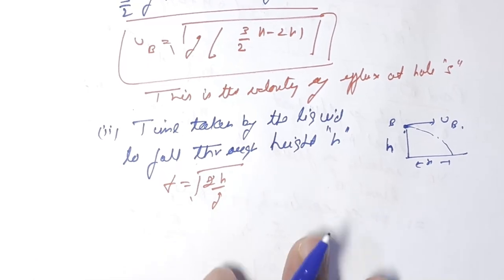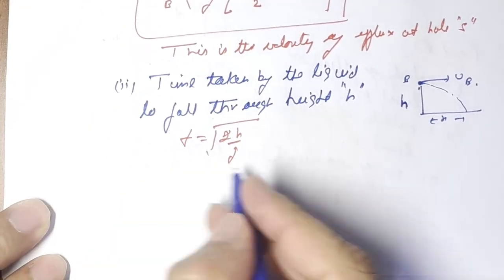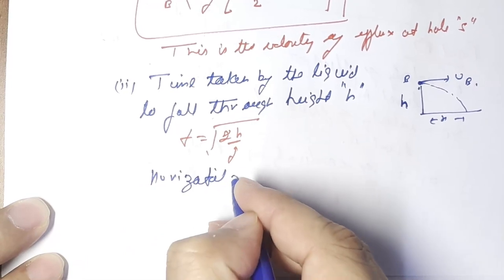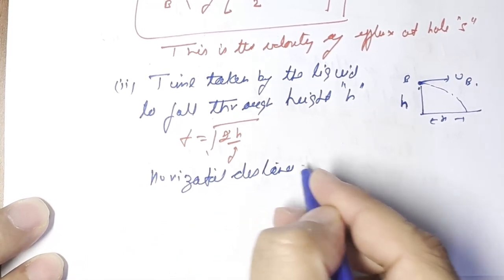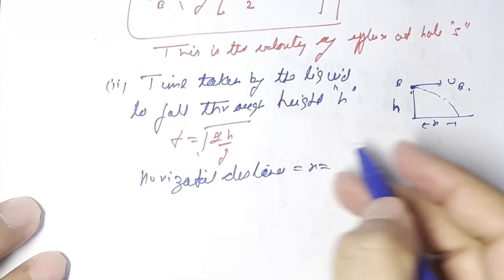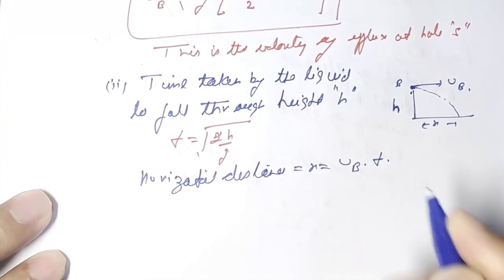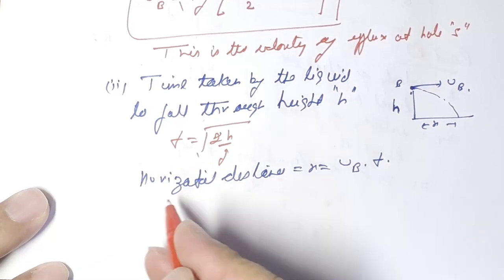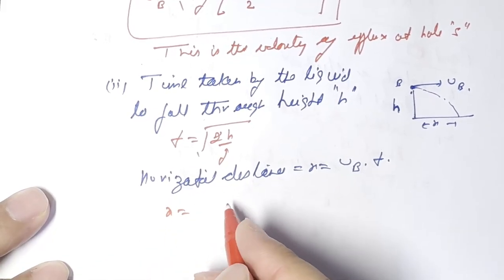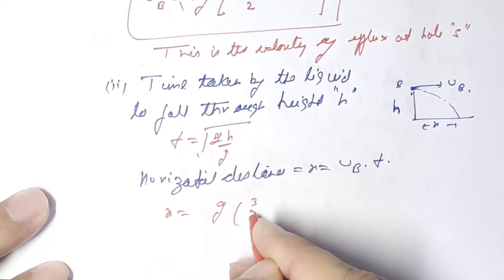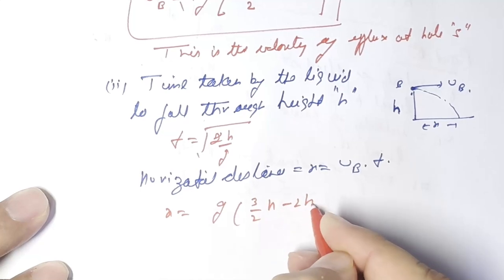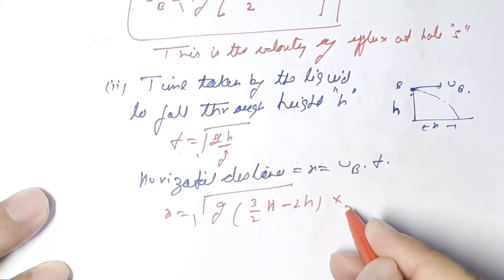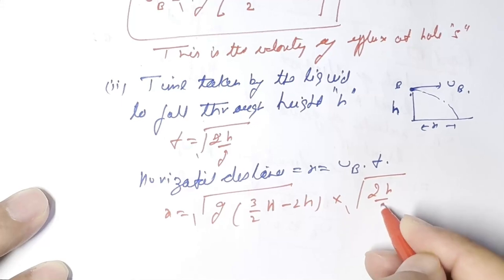So therefore, the horizontal distance, which is our x, will be equal to Vb multiplied by time t. We simply substitute the value of Vb and t here. So we get x is equal to, Vb was square root of g, 3 by 2h minus 2h, multiplied by square root of 2h by g.